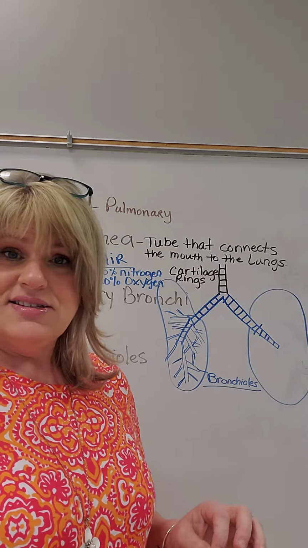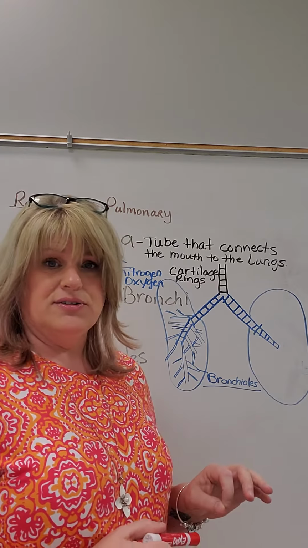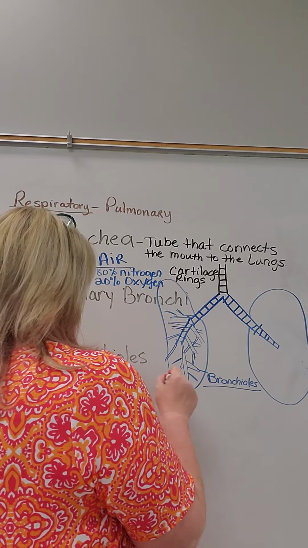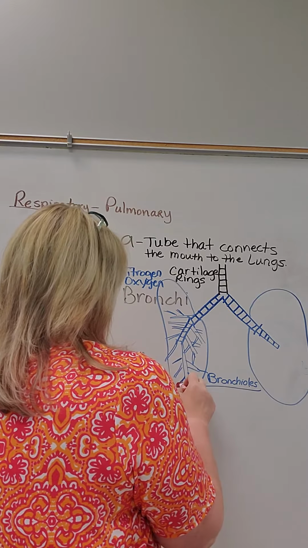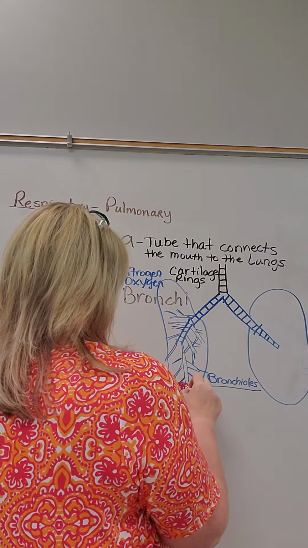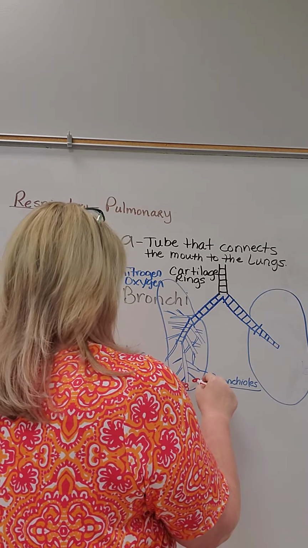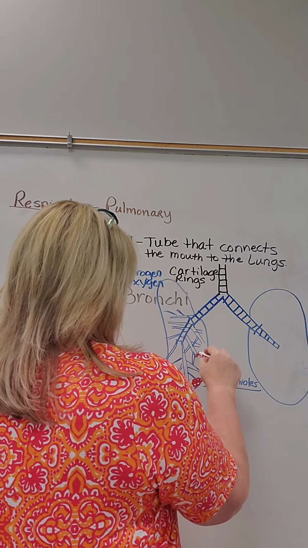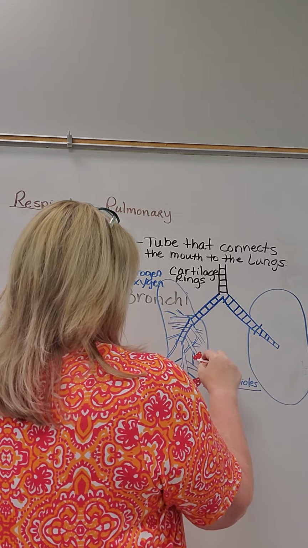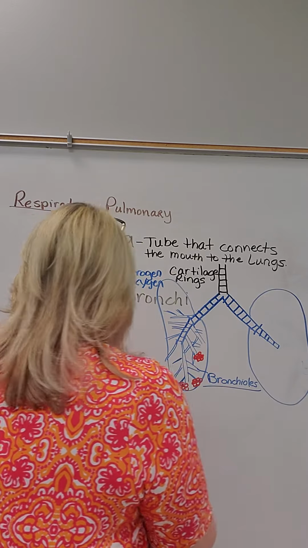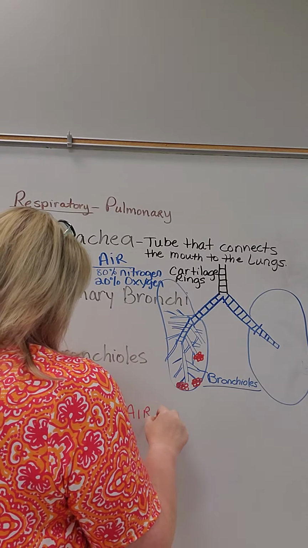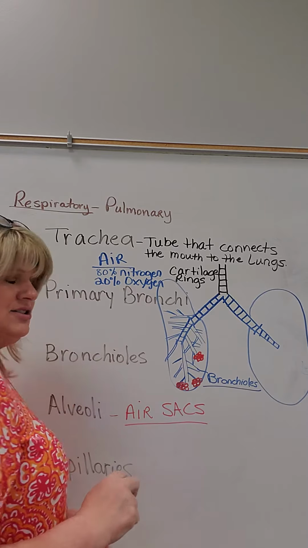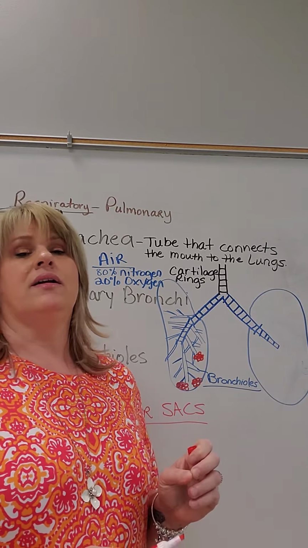On the ends of the smallest bronchioles are these alveoli. An alveoli is an air sac. They look like grapes, and there's millions of them. They store oxygen, pure oxygen.